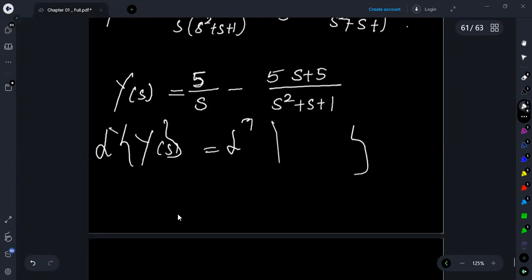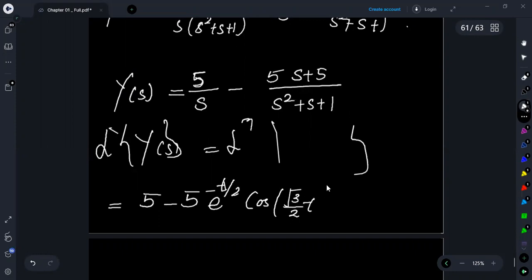Here also I will provide the answer, and try to obtain it by yourself: 5 minus 5 e to the power minus t over 2 cos of square root 3 over 2 t, minus 5 over root 3 e to the power minus t over 2 sine of square root 3 over 2 t.